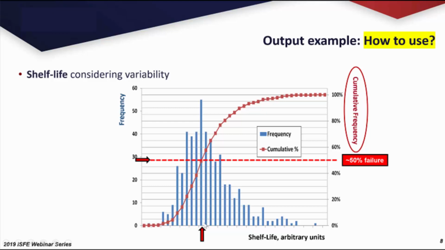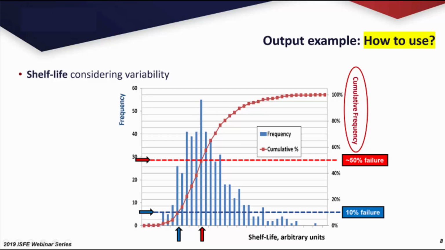If you were to use the central value of that output, and you look at the cumulative frequency curve, which is the red one here, roughly 50% of the values will be shorter than the shelf life for the mean value, and longer than the one to the left. It's obvious, right? If you use a mean value, you have about a 50% probability of failure. And this is not acceptable.